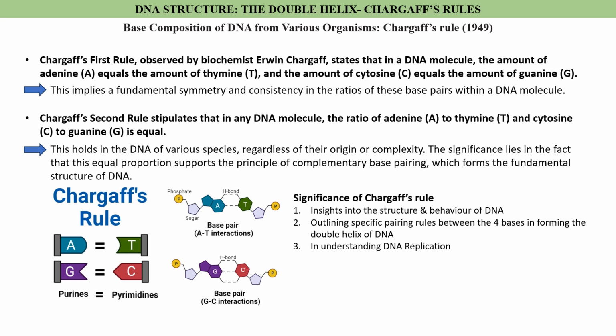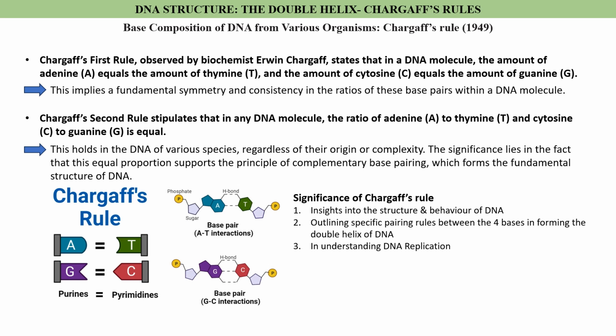And obviously, if A equals T and C equals G, then the ratio will automatically be equal, and hence in a DNA we can calculate the number of base pairs, the percentage of base pairs, just by knowing the percentage of one base.